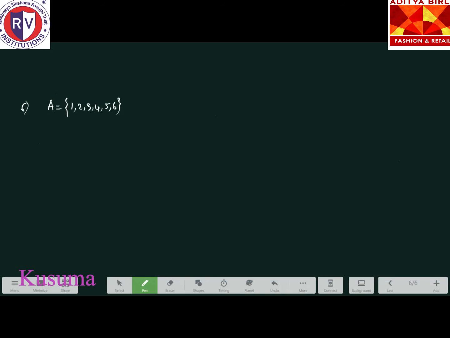We are supposed to find out the number of subsets of A which have at least 2 elements in them. The options given are A is 63, option B is 57, option C is 58, and option D is 64. Let us see how to solve this.